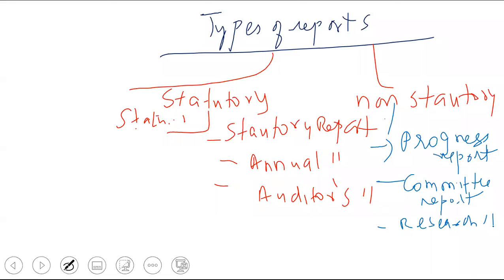Now we are just going to discuss what do you mean by statutory reports. I'm discussing statutory report.